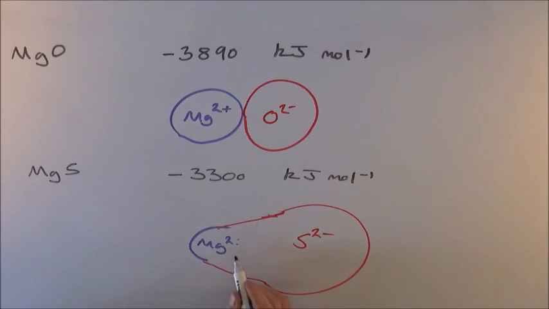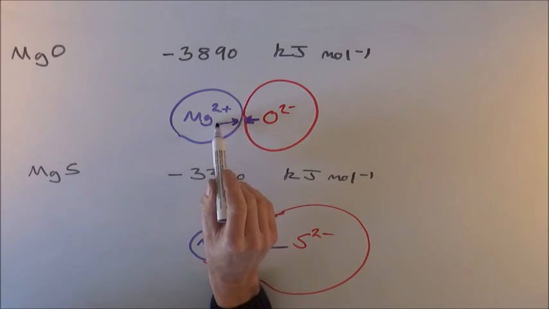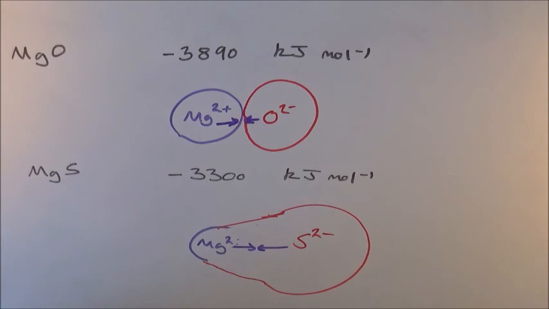So the underlying electrostatic force of attraction between the magnesium and the sulfide ion is weaker because it's acting over a longer distance. In the case of magnesium oxide, the two ions can get much closer together, so the underlying ionic bonding is stronger. So this is where you've got to offset one factor against another.